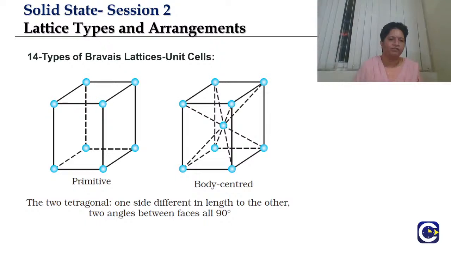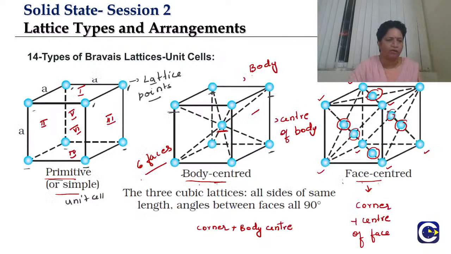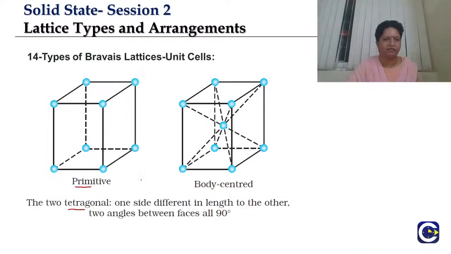Again, primitive is shown when we are taking tetragonal. Look at the first one that I have shown, wherein all the sides are equal, a equal to b equal to c. This is a cubic crystal, the first type, which has primitive, body centered and face centered. Now if you go for tetragonal, one of the sides is different in length from the other 2 sides.